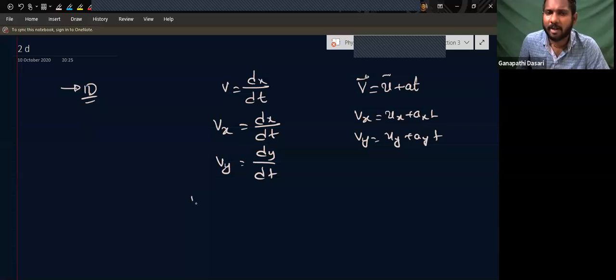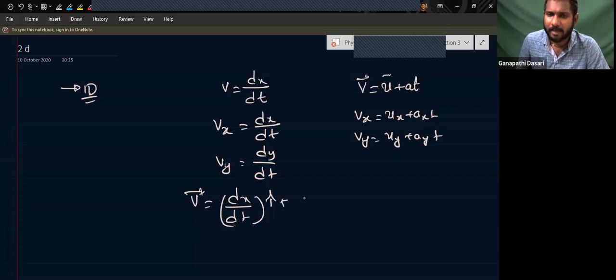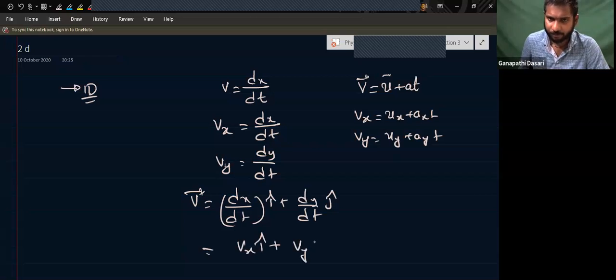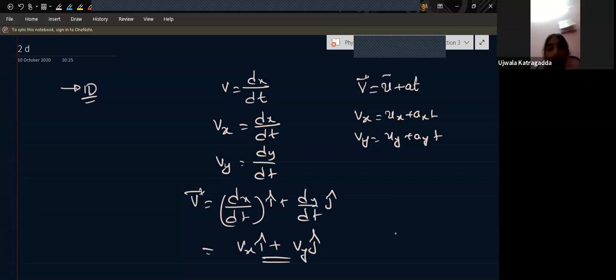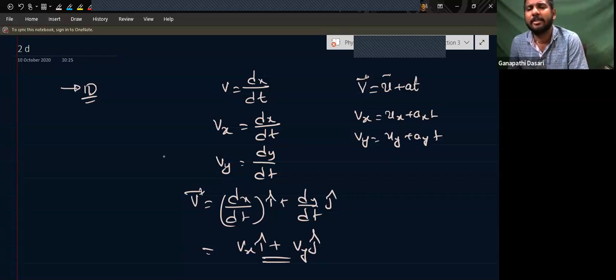If you want to write the velocity vector, we write it as dx by dt i cap plus dy by dt j cap, that is equal to vx i cap plus vy j cap. Like that, we'll convert 1 dimension problems to 2 dimension or 3 dimension problems.